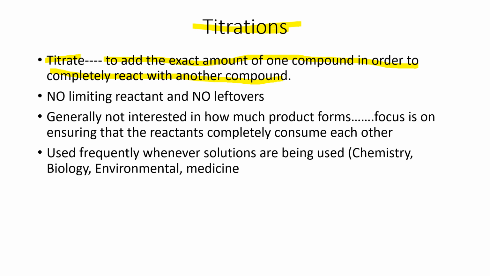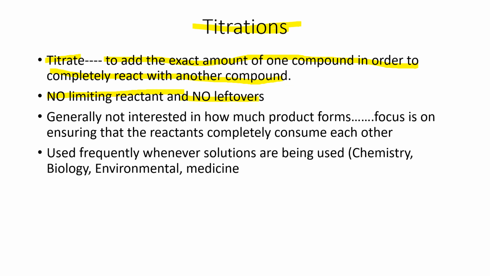The whole point of a titration is such that you're not in a limiting reactant scenario. There's no limiting reactant. There's no leftovers. We're going to combine our two reactants in the exact way such that there are no leftovers.